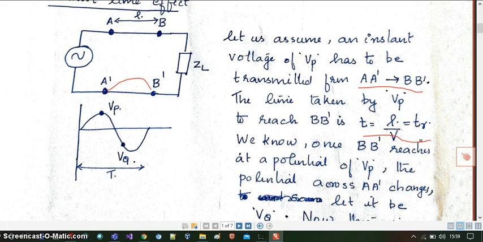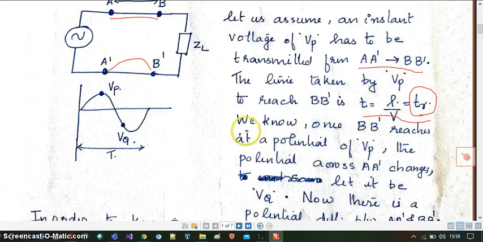You know what is time? Time is equal to distance by velocity, that is written here. T is equal to L by V, which is equal to Tr. This Tr represents the transit time. So the time taken by this voltage Vp to travel from A dash to B dash is your transit time.